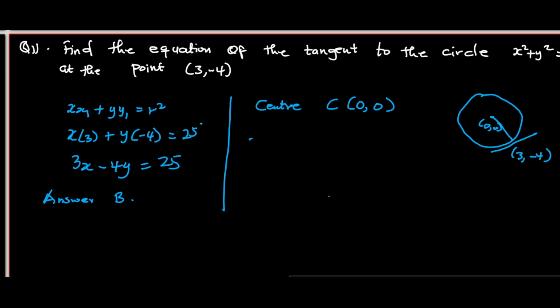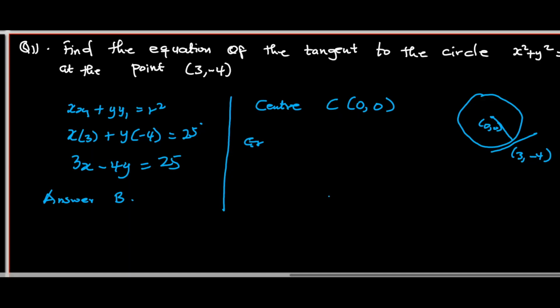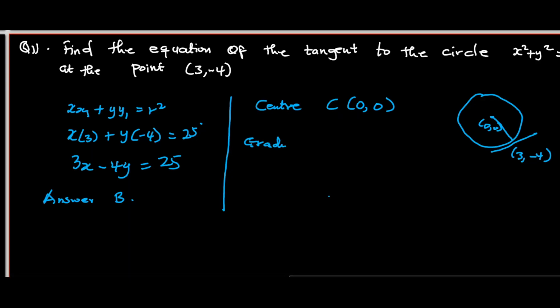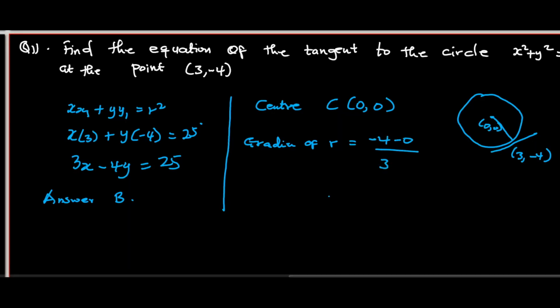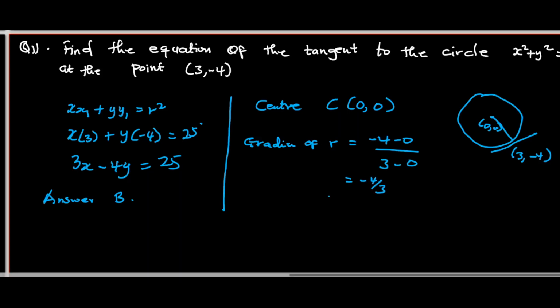So we substitute that, and the gradient of the radius r is equal to y over x, so we have negative 4 minus 0 over 3 minus 0, and that will give us negative 4 on 3.